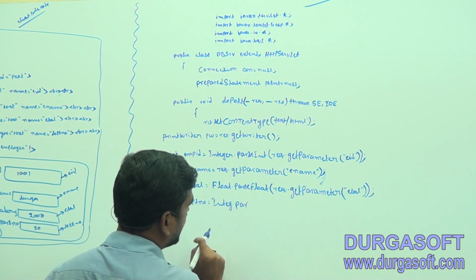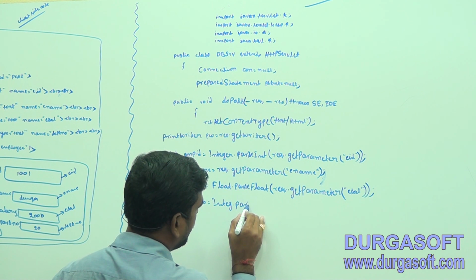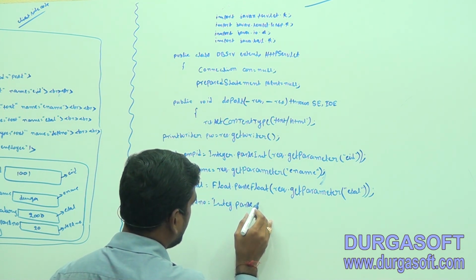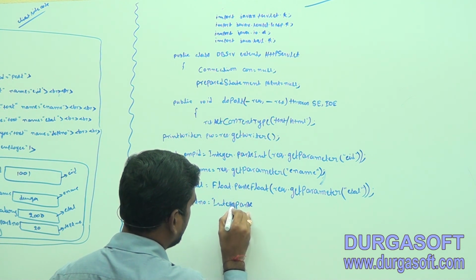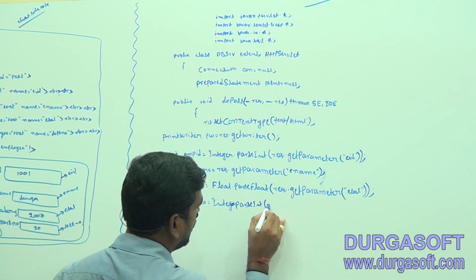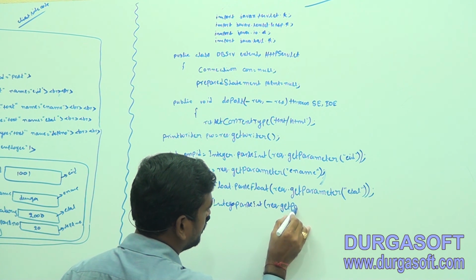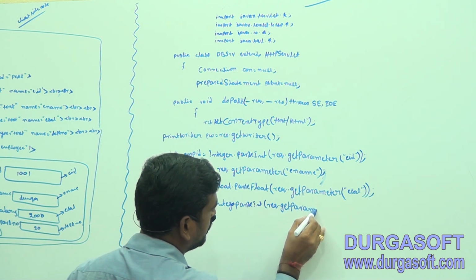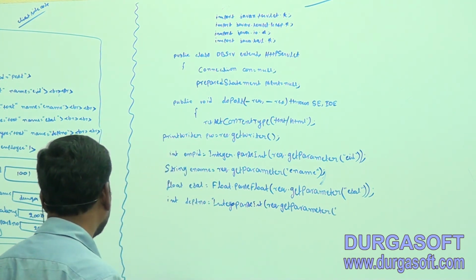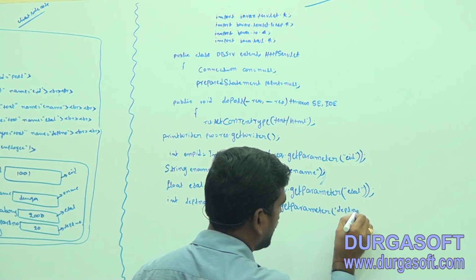These are all wrapper classes, Float, Integer, all are wrapper classes. int DEPT number is equal to Integer.parseInt of req dot getParameter of DEPT number.